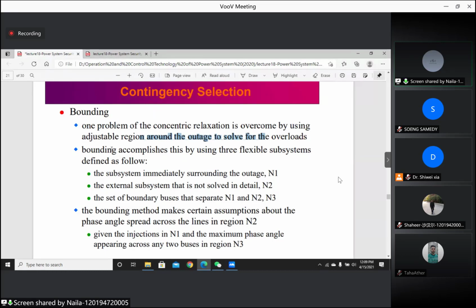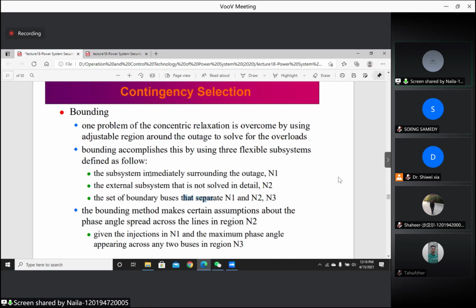The bounding technique can be accomplished by using three flexible subsystems defined as N1, N2, and N3. N1 is basically a subsystem which immediately surrounds the outage, where any outage occurs. N2 is an external subsystem that will not be solved in detail, and N3 is a subsystem which actually separates the N1 and N2 regions, and it has some set of boundary buses.